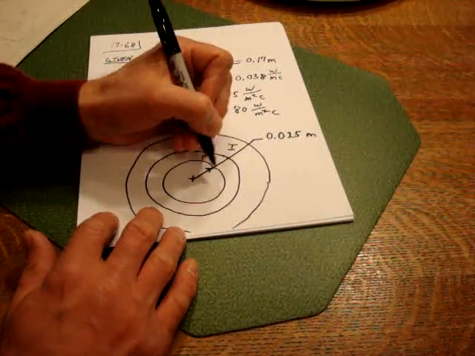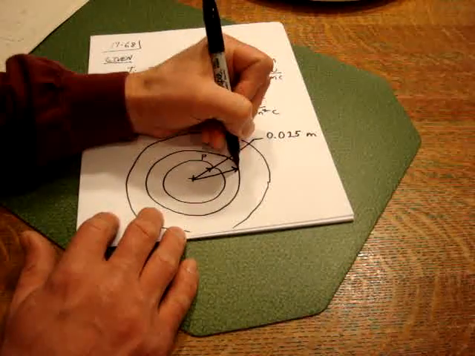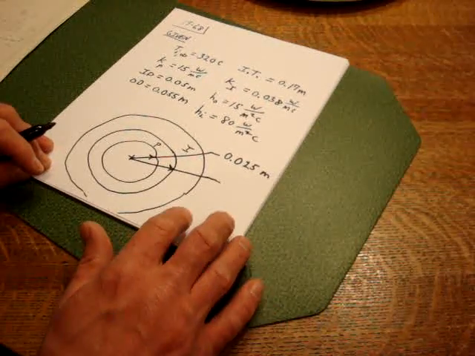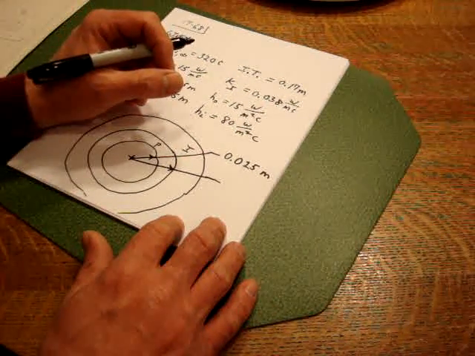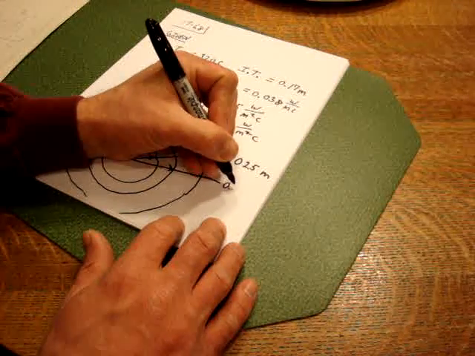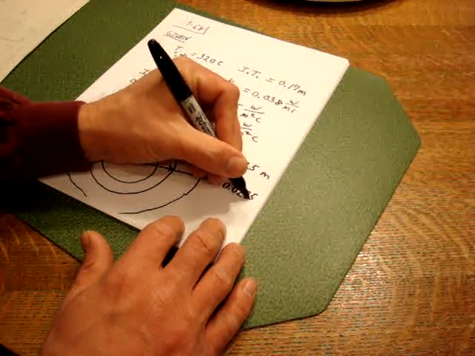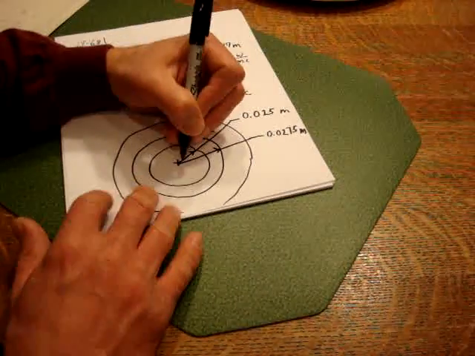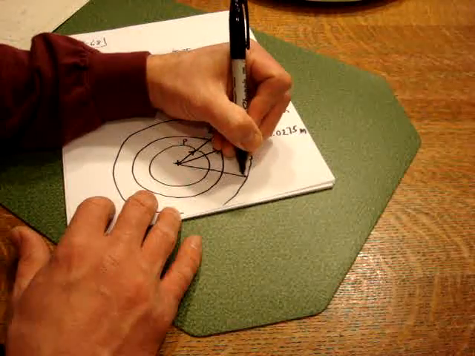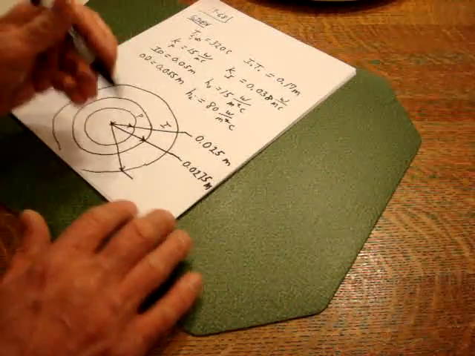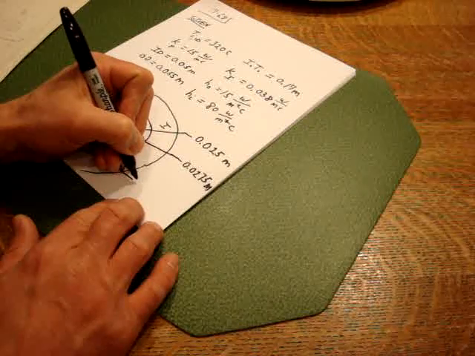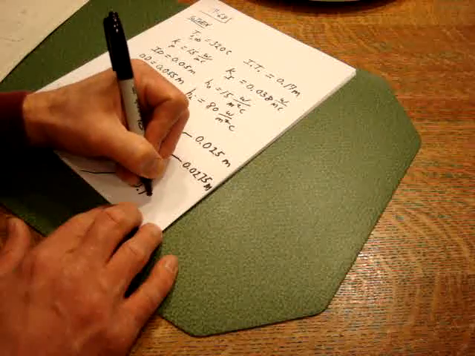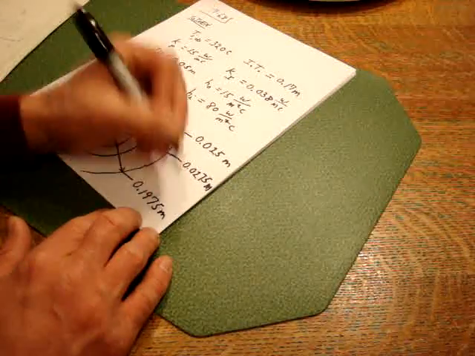The radius to the outside of the pipe comes to 0.0275. Okay, and then the radius to the outside of the insulation comes to 0.1975 meters.